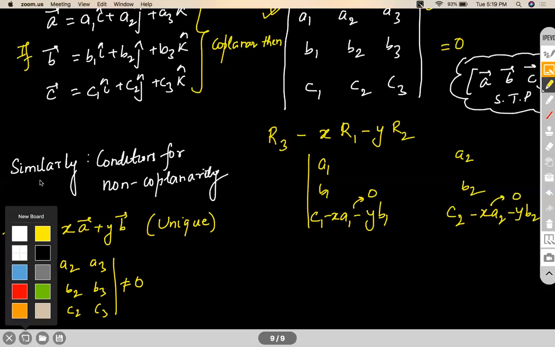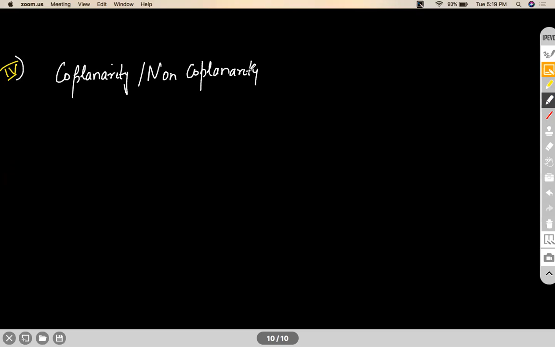Next, the fourth thing that we had in our to-do list was coplanarity / non-coplanarity of 4 points. Read it as 4 position vectors.